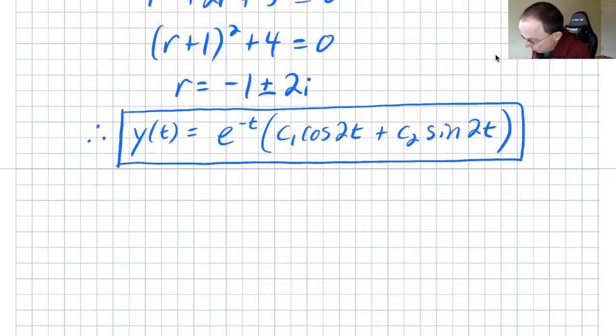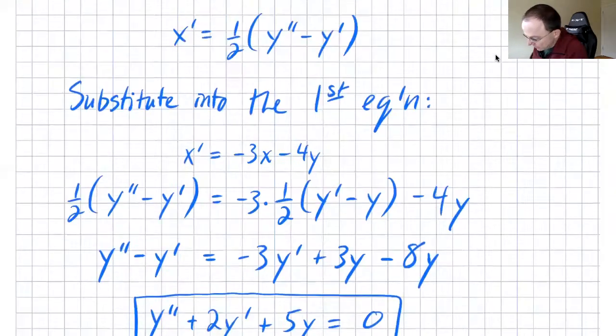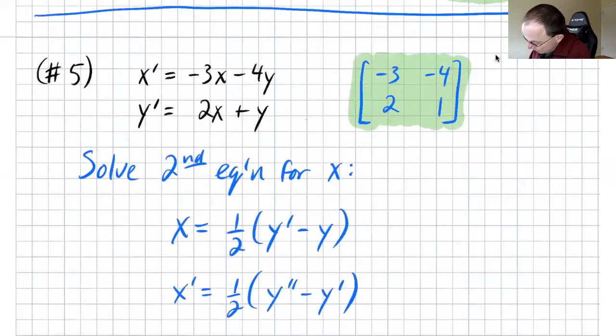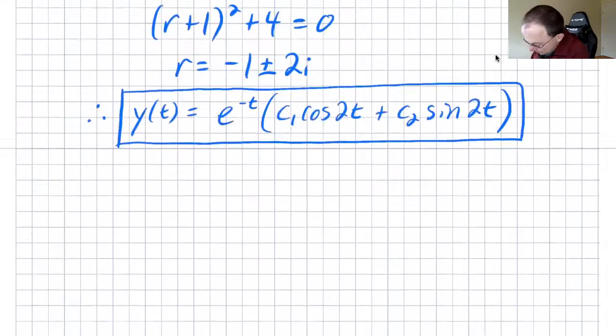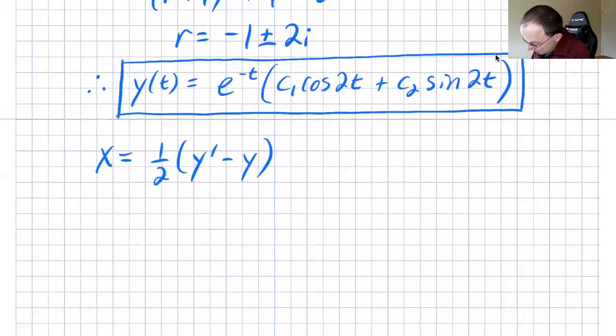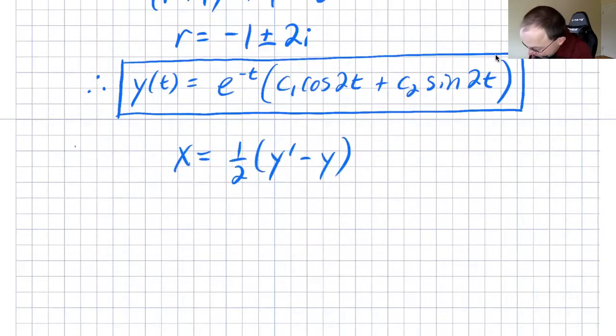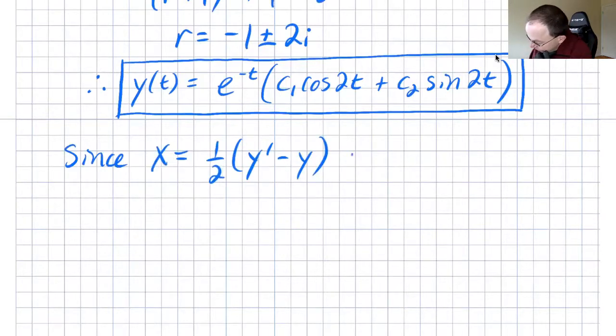Okay, and now we want to figure out what is the solution for x. So x is equal to this right here. So that's x, so we'll copy that. Since x is equal to this, do we know what y prime is?